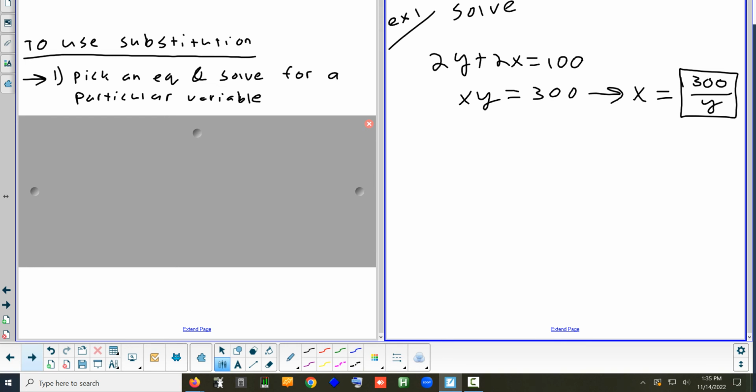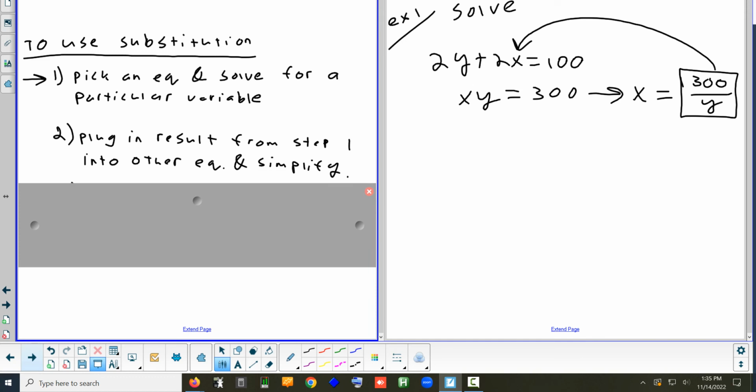Now step 2. You're going to take that and fill it in right there. So step 2 is to plug in what you just got in step 1 into the other equation, the one you haven't used yet.